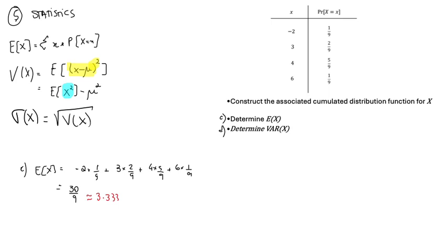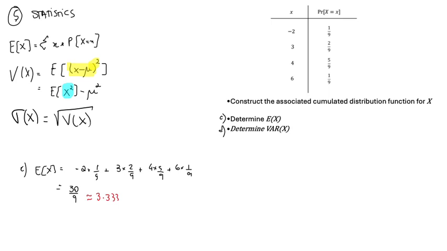It's not that difficult. Everyone has the same denominator. So minus 2 plus 6, that's 4. Plus 4 times 5 is 20, that's 24. Plus 6 times 1 is 6. 24 plus 6 is 30.